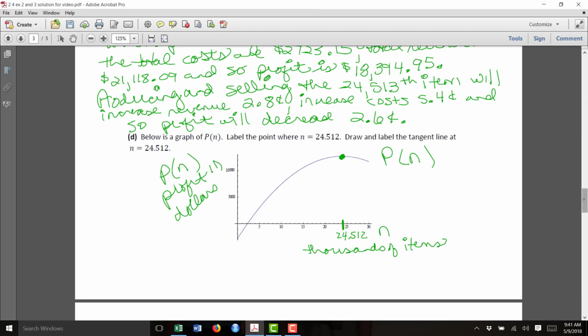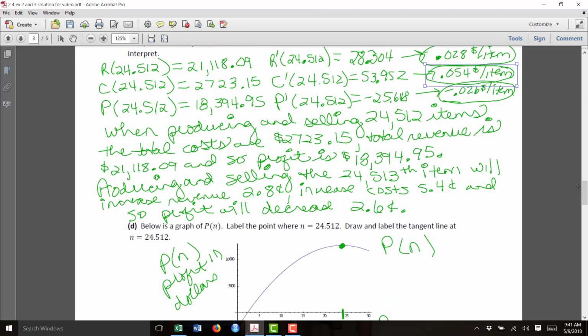We found that that point on the profit function was inputting 24.512 and it's outputting a height of 18,394.95. And at that instant, it's actually going down. The profit is decreasing at a rate of 2.6 cents per item.